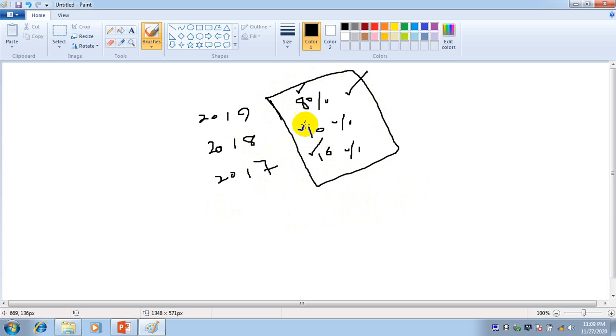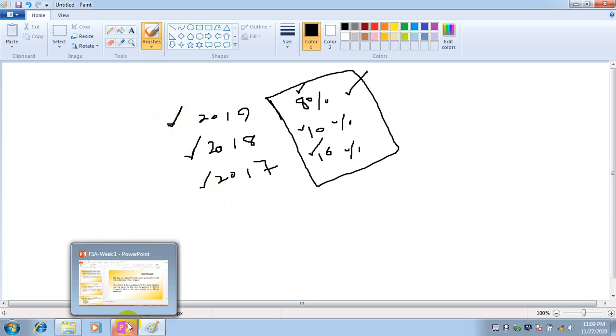On the base of this, you can take different decisions. This is called internal analysis, comparing your present with your past years.